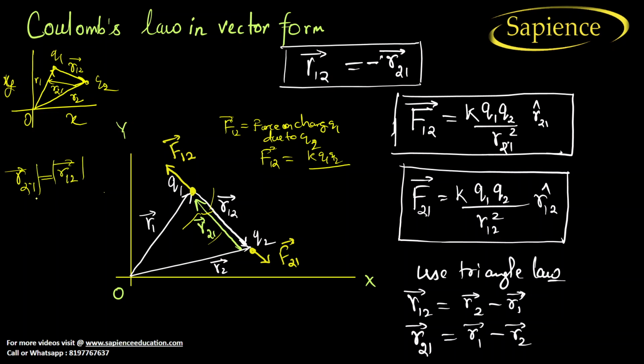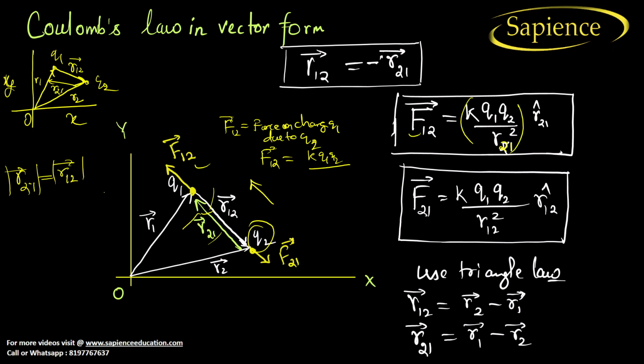The magnitude of R12 or R21 is the same, but the directions are different. So which direction should we take here? The force on charge 1, that is F12, is applied by Q2, so the distance will be given in this direction. So we can take it as R21 whole square into R21 cap. I hope you have understood this.